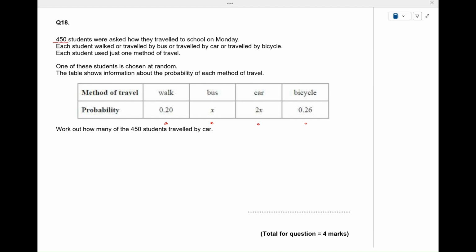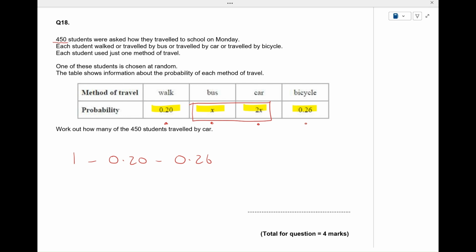What can I work out? You know how all the probabilities have to add to 1? Well, that means that the x and the 2x are going to have to add up to 1 minus 0.20 minus 0.26.